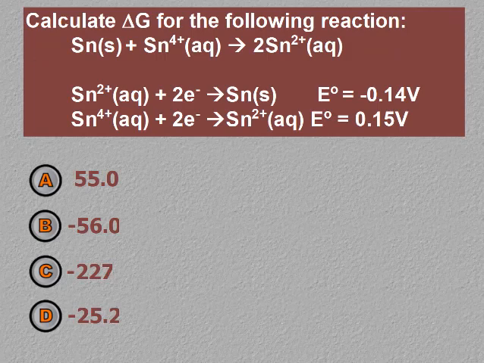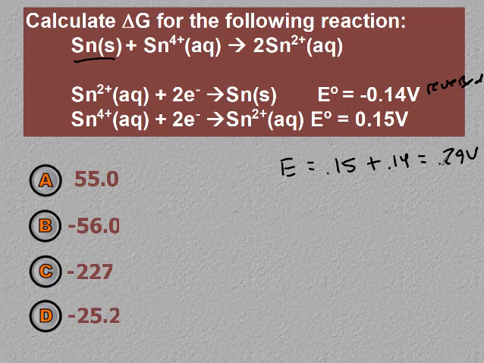Go ahead and pause the video and determine your delta G for this reaction. Restart when you're done. For this one, we had tin as a solid as a reactant, so this one should have been reversed. So E is equal to 0.15 plus 0.14 or 0.29 volts.